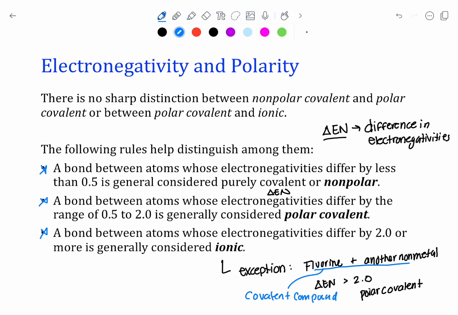So if you have an example where it's fluorine with another nonmetal and you get a delta EN of greater than 2, this would still be considered a polar covalent bond because it's a covalent compound with a very electronegative fluorine. That fluorine is just pulling all of the electrons to itself because it is the most electronegative atom on the periodic table. So there are some exceptions to this. This is why we use the word generally throughout. So just keep that in mind.